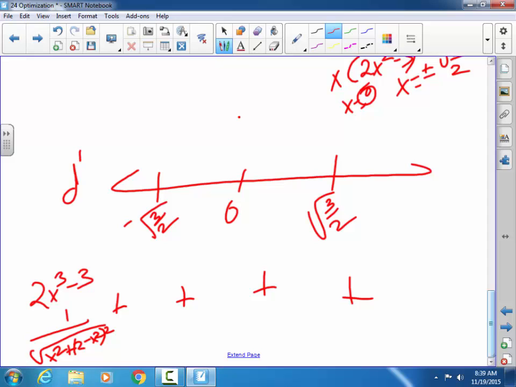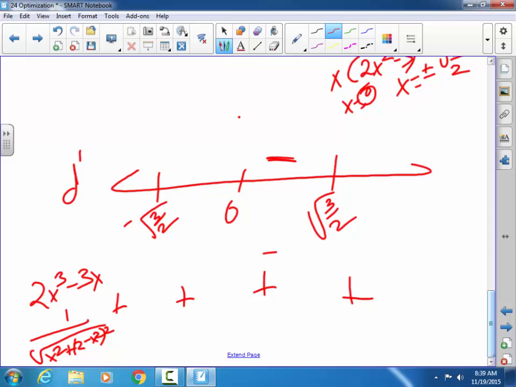Now, where's the number 1 in relation to the square root of 3/2? To the left of it or to the right of it? Where's 1 at? Is 1 in here or is 1 over here? Yes, 1's over here. So let's plug 1 in here. 1 cubed is 1. 2 minus 3, so that's going to be negative.